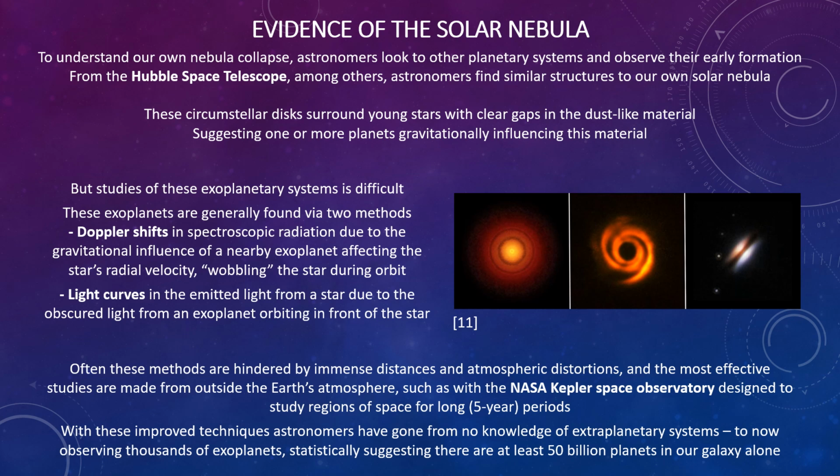But it's very difficult to study exoplanetary systems because they are very far away and there's a lot of atmospheric distortion and a lot of effects that you have to account for. And so you've got to use a couple of methods.